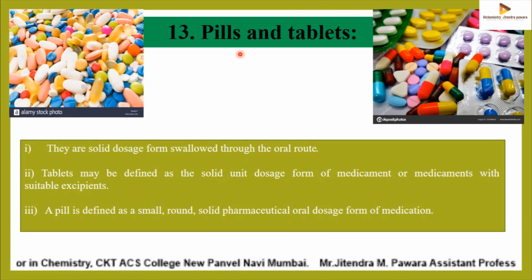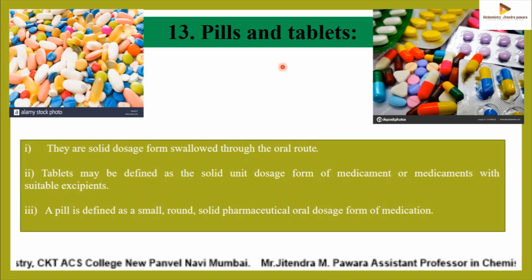Then the next dosage form is pills and tablets. These are the images of pills and tablets. They are solid dosage forms taken through the oral route. Tablets may be defined as a solid unit dosage form of medicament with suitable excipients.